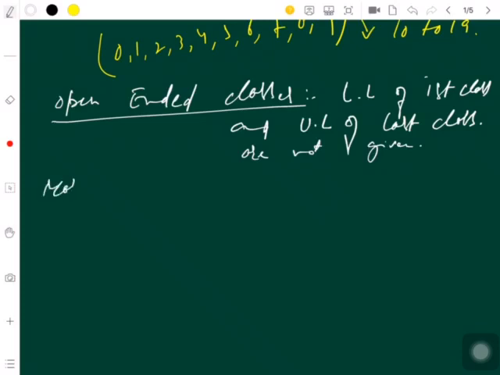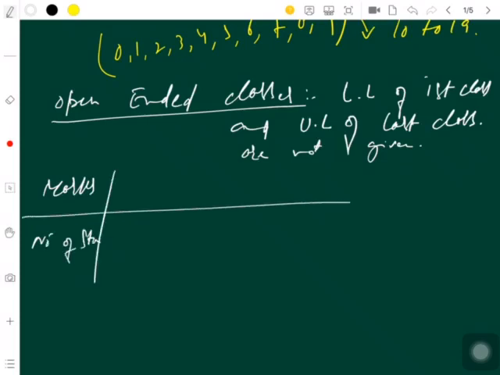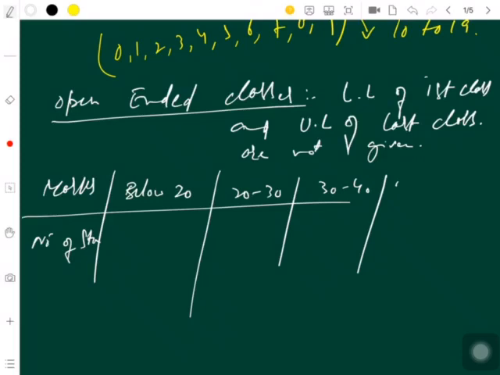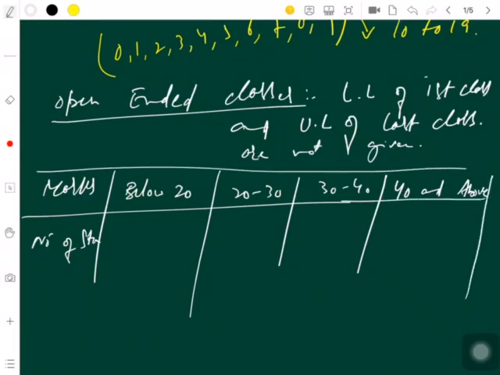Take again marks, number of students. Okay, I'll start with below 20, 20 to 30, 30 to 40, 40 and above. This is the shape of an open-ended class.